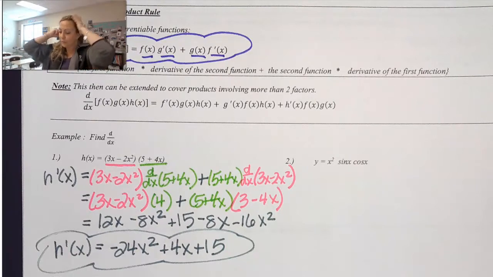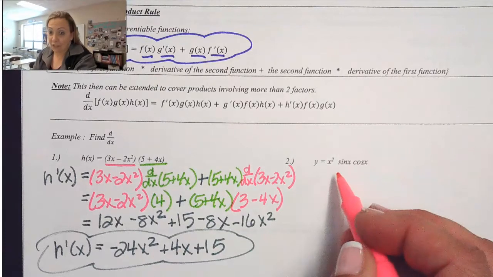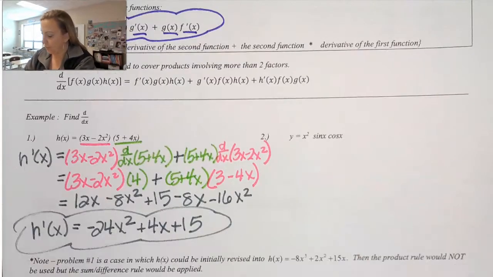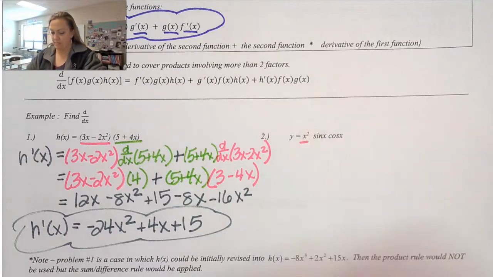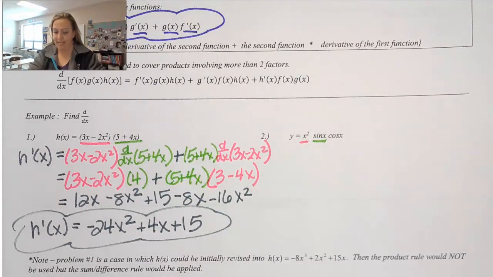So let's look at number 2. y equals x squared times sine of x times cosine of x. Well, really, we've got 3 functions that we're dealing with here. We have x squared, we have sine of x, and we have cosine of x.